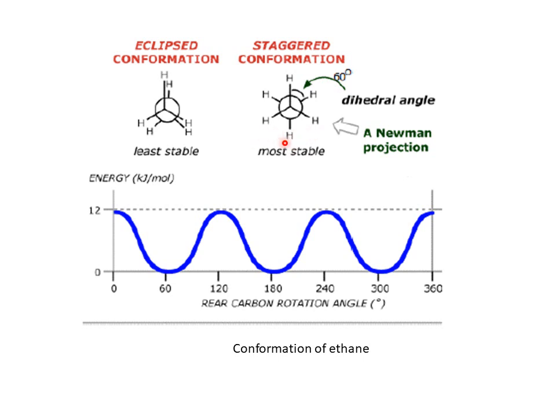If you rotate another 60 degrees, we again get the eclipsed conformation at 240 degrees. Rotate another 60 degrees, and we get the staggered conformation at 300 degrees. If you rotate to 360 degrees, you get back the original eclipsed conformation. So these are the conformations of ethane.